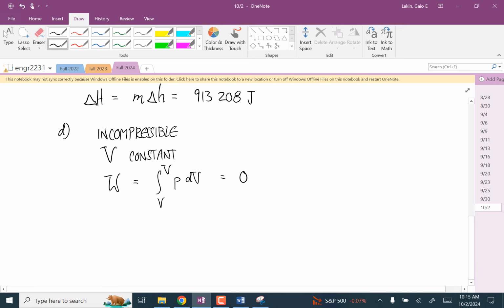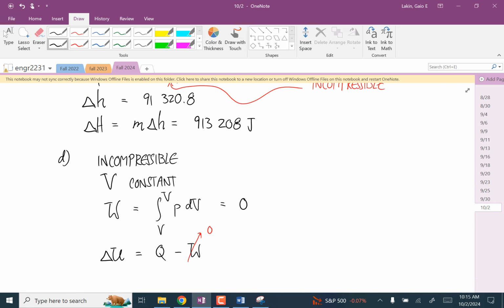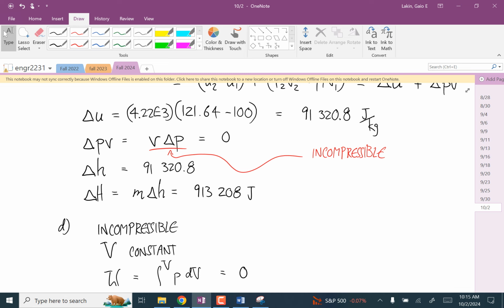So now we can say the change in internal energy is equal to Q minus W. W is 0. Now, change in enthalpy is definitely not always the same as the change in internal energy, but in this case, since we have no change in pressure or volume, we got that they're the same.